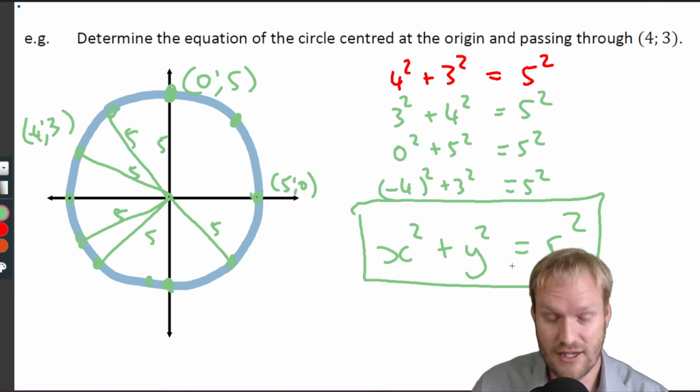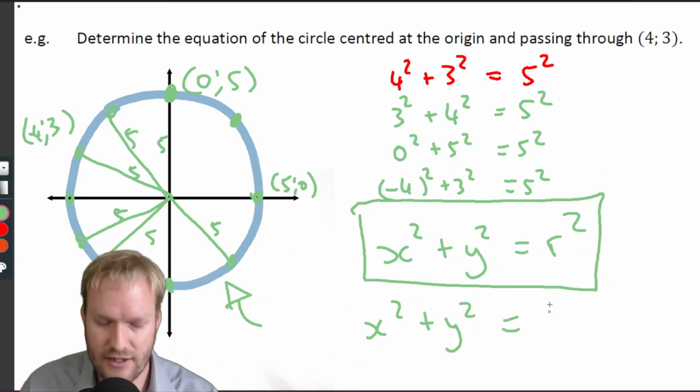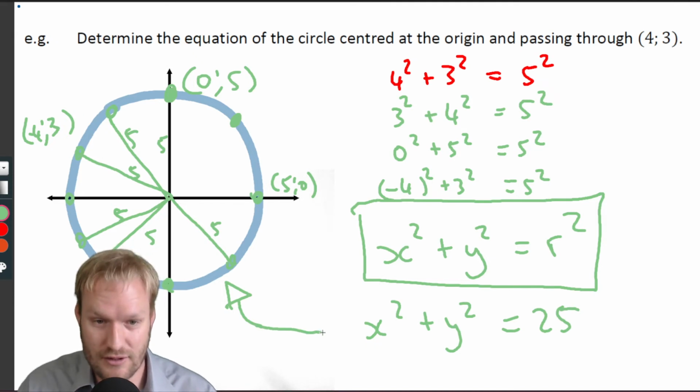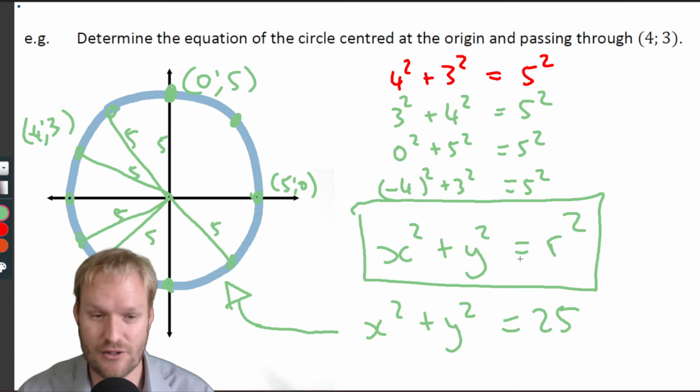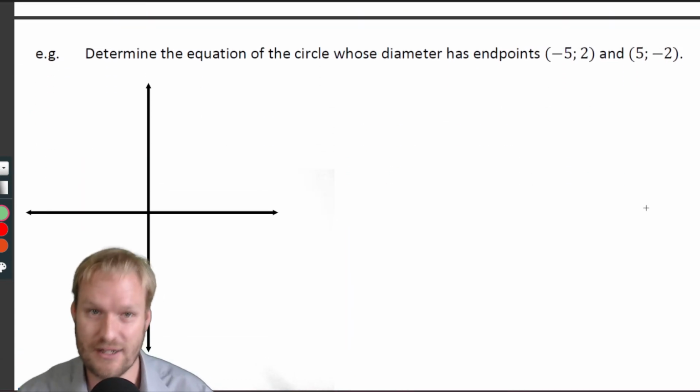So this particular circle's equation is x squared plus y squared equals 5 squared. So maybe we'll just write 25. So this circle's equation is this. Any circle has this equation. So that's the general formula for a circle centered at the origin.